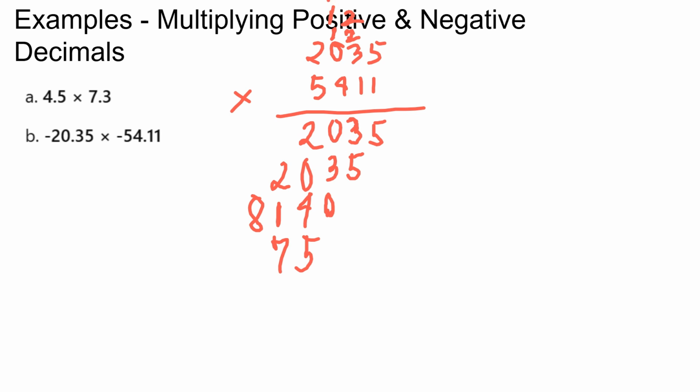Carry 1. 5 times 0 is 0, plus 1, we'll have 1. And then 5 times 2 is 10. There you go. Wow, that was a long one.